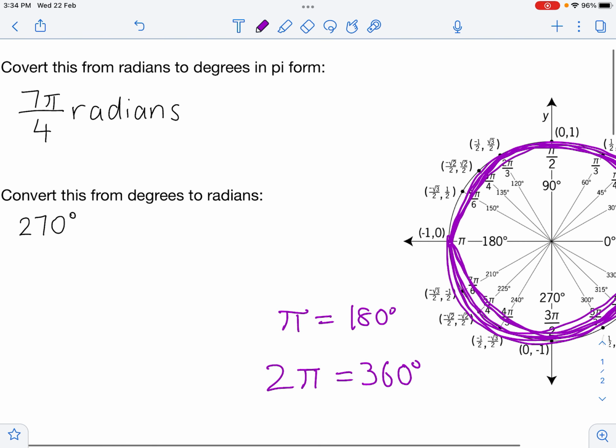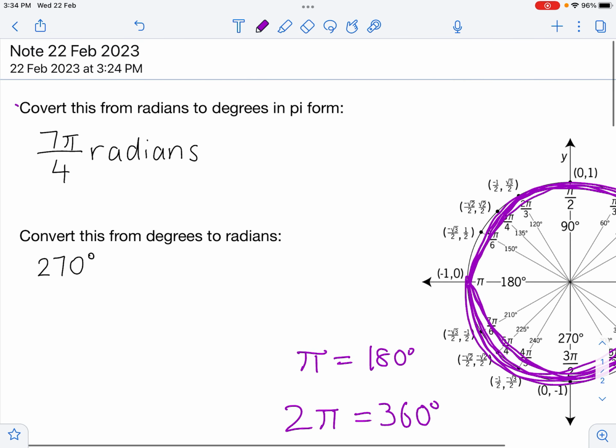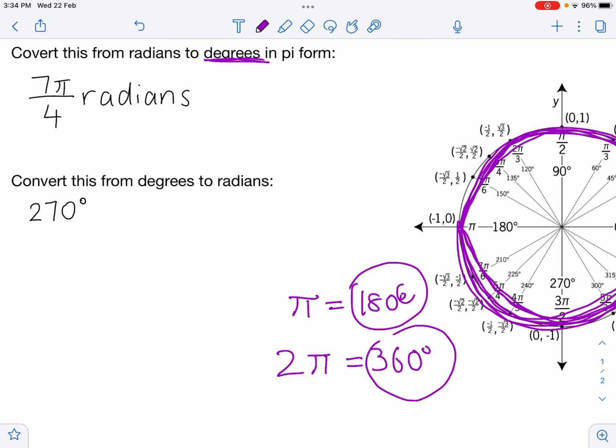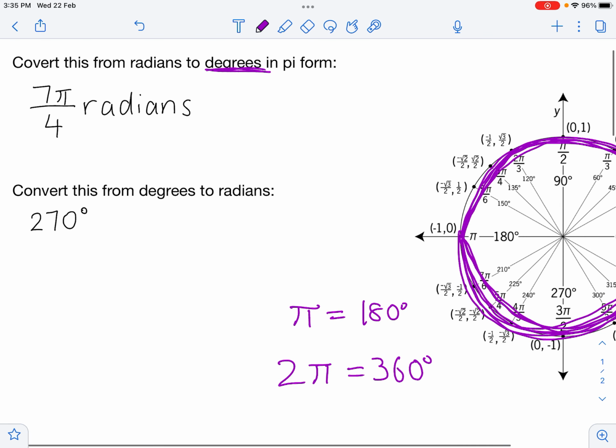Now, when I want to convert, let's do this first question here, converting from radians to degrees. So my answer should be in degrees, which looks something like this, where we have the degree symbol. If I want to convert from radians to degrees, I multiply it by 180 over pi. It's always like this.